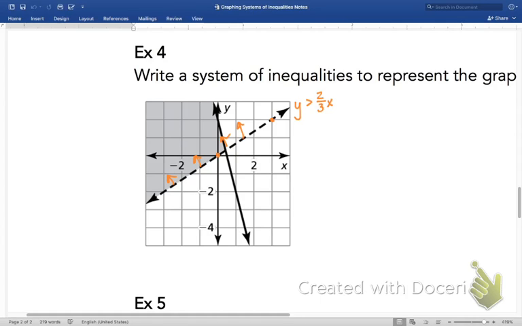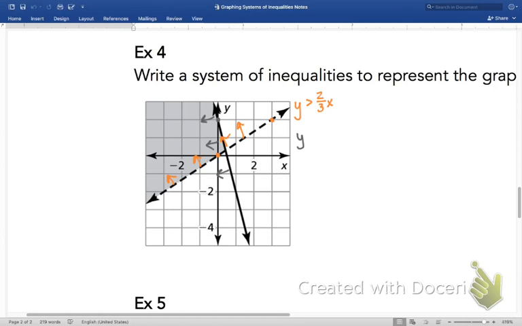Then, now I need to look at my solid line. Is it above? And this is where students get a little tricked up because it's a pretty steep line. Is it above or below? It's below. Okay, or again, find your y-intercept and go from there.